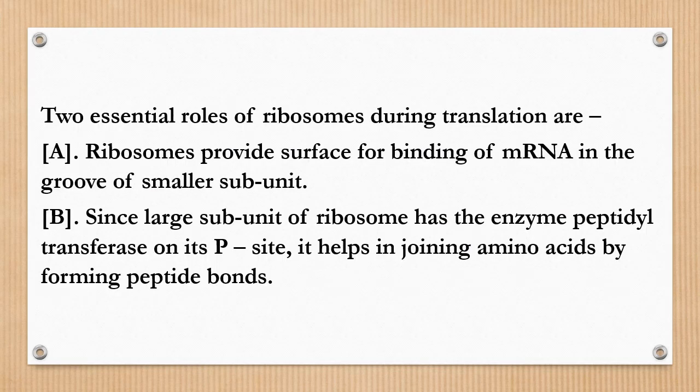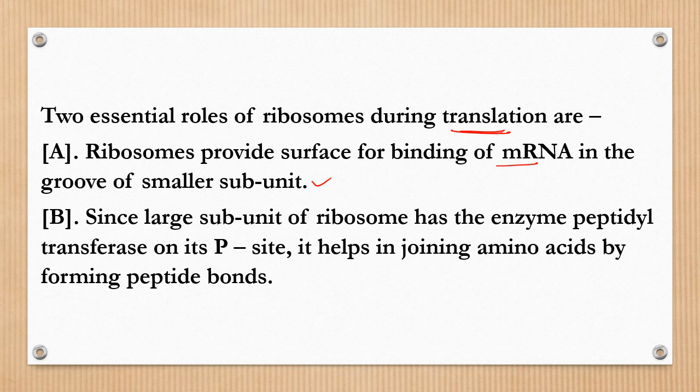There are two essential roles of ribosomes during translation. First, ribosomes provide a surface for binding of mRNA in the groove of the smaller subunit. That is essential role one.